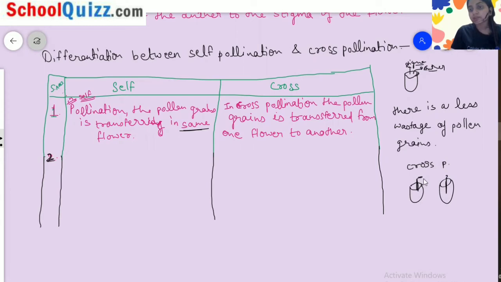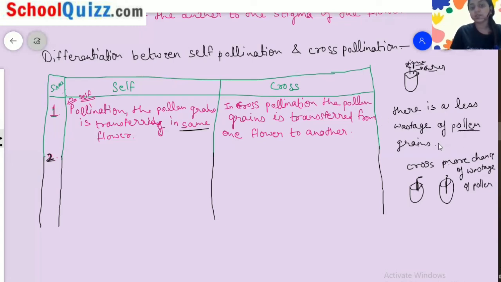So you can see the flower distance is more and there may be a chance that the pollen grains will be wasted. So there is more chance of wastage of pollen grains.